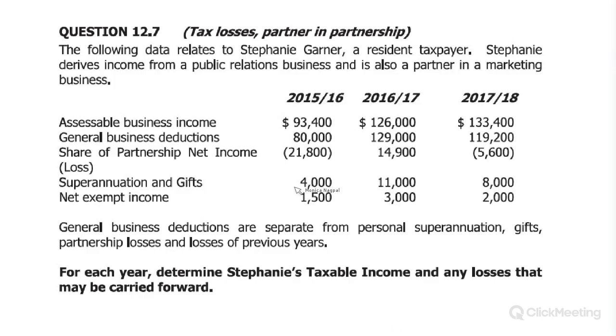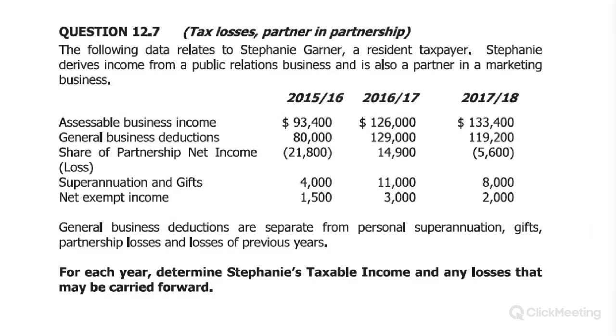Okay, next one is 2016-17. Now, what is the assessable income? You have been given the business income. You have been given the net income in this instance instead of losses. And you have been given the business general deductions.